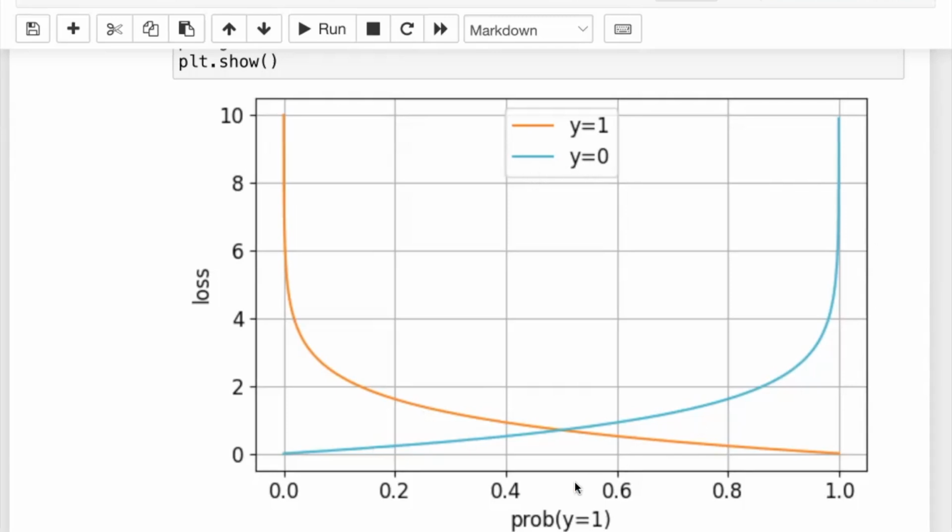And the same thing happens with this second case, which is y equals 0, the blue curve. In this case, something you need to keep in mind is that the probability of y equals 1 and the probability of y equals 0 are complementary, meaning that one is 1 minus the other one because the sum of probabilities must equal 1. And therefore, if the probability of y equals 1 is 0, this means that the probability of y equals 0 is 1.